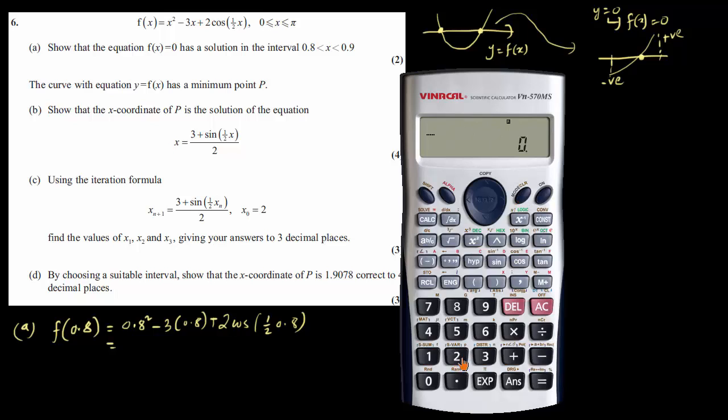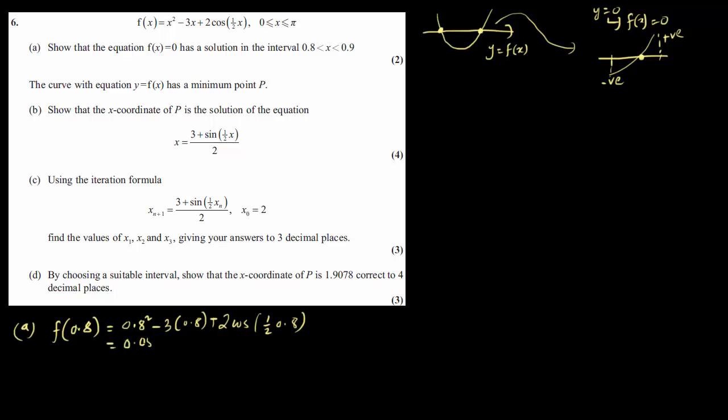Okay, now we can do this. So this is going to be 0.8 squared minus 3 into 0.8 plus 2 cos 0.8 by 2 is 0.4 and we get 0.08. 0.08 is positive.